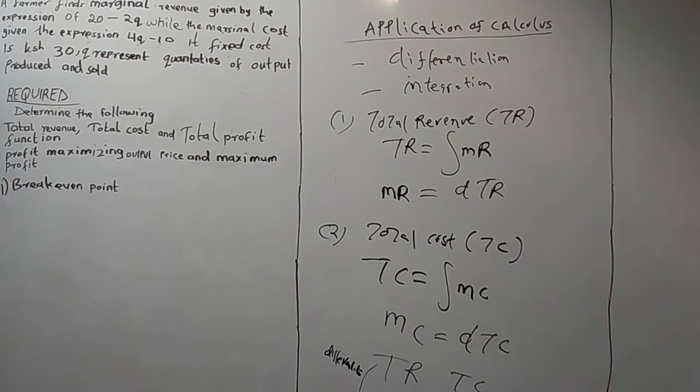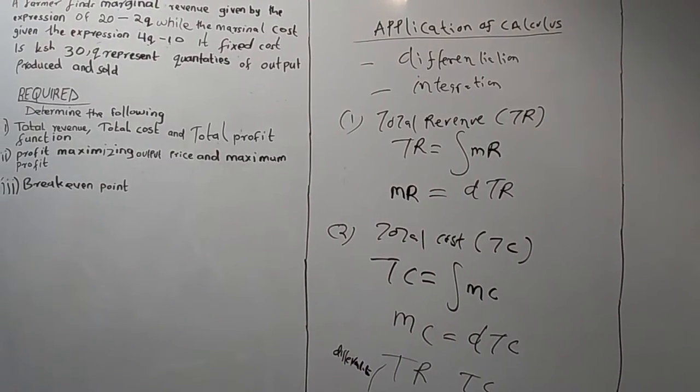Its fixed cost is 30 shillings. Q represents quantities of output produced and sold. Required: determine the following. Number 1, total revenue, total cost, and total profit function. Number 2, profit maximizing output, price, and maximum profit. Number 3, break-even point.